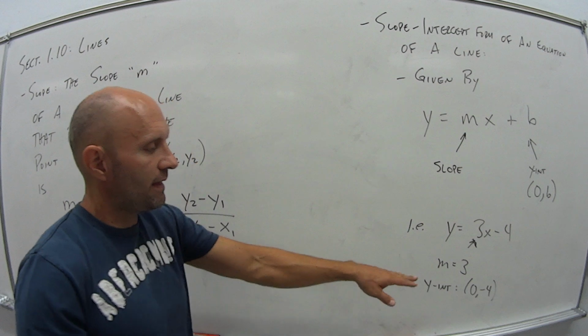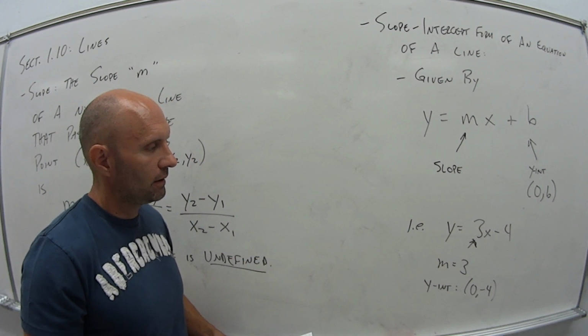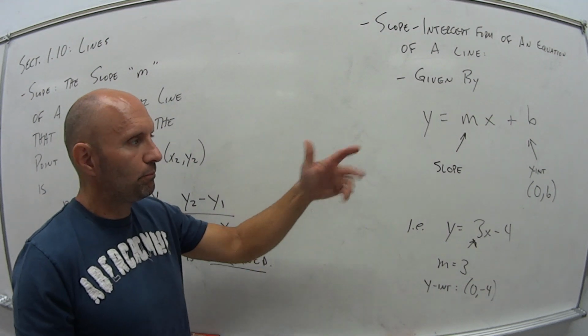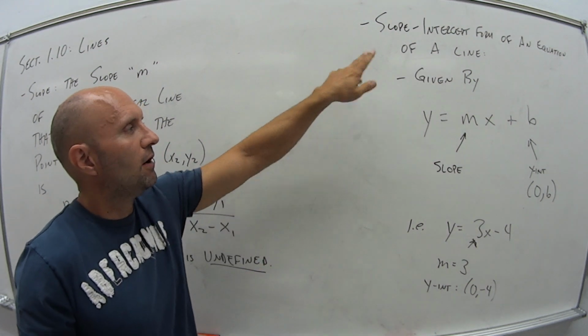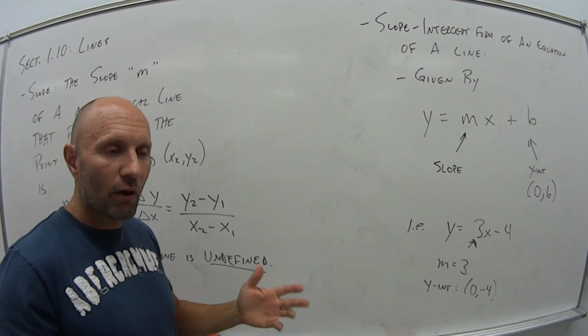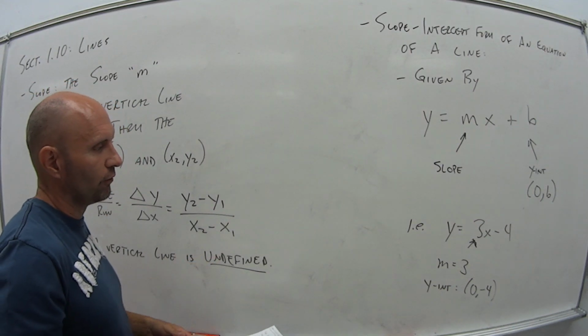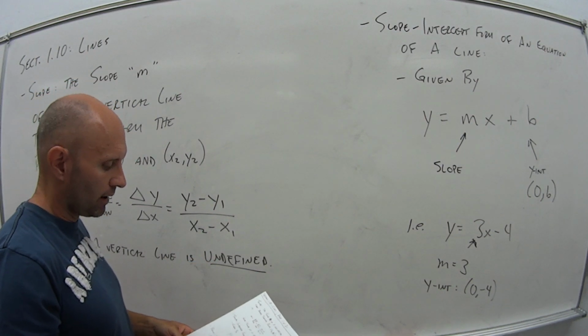Whatever number I see goes into my ordered pair for the y-intercept. And once I know that, I can plot the y-intercept, move according to the slope, and graph the line just by connecting the dots, so I won't have to plot points anymore as we first learned to do with graphing of lines.